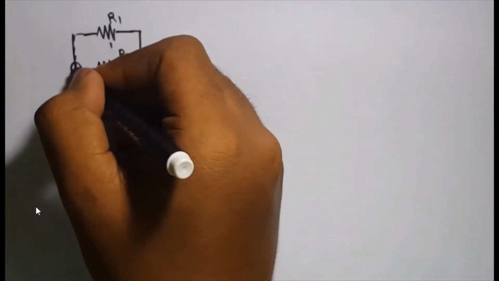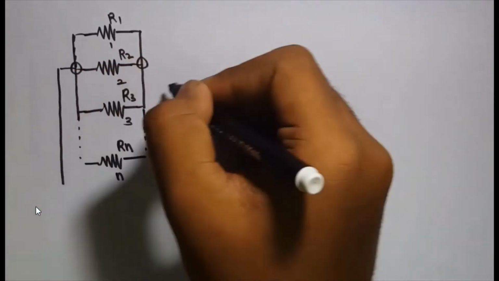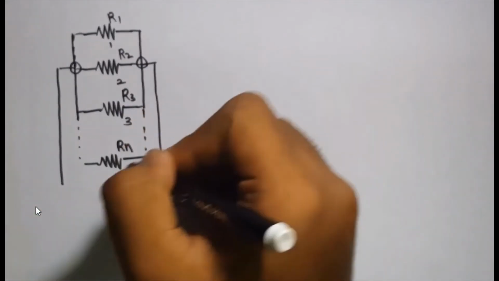Here a junction forms. From this junction a battery of EMF E will be connected.